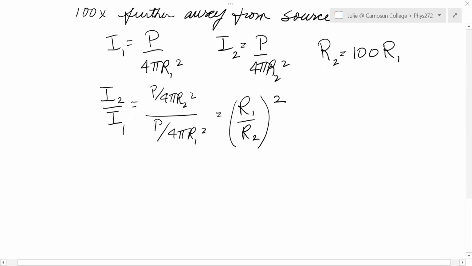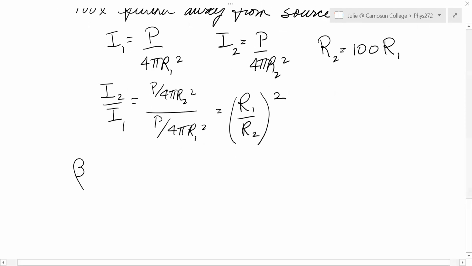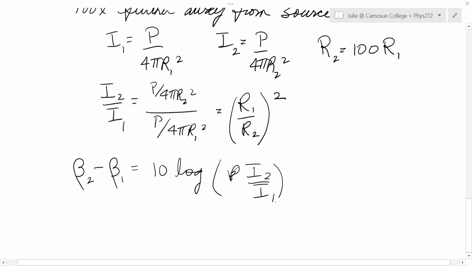Okay, so we can use the expression from the last example, the difference in the sound intensity levels is 10 log I2 over I1.